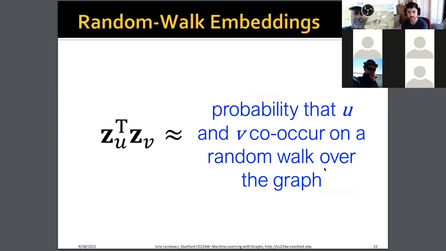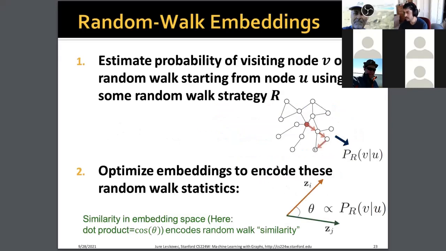That's what we're trying to predict, and that's what we're representing as our similarity function here. So we start at node U, and the odds of hitting V is what we're trying to represent as our similarity function. And so we try to optimize our embeddings so that we can accurately predict this relationship.